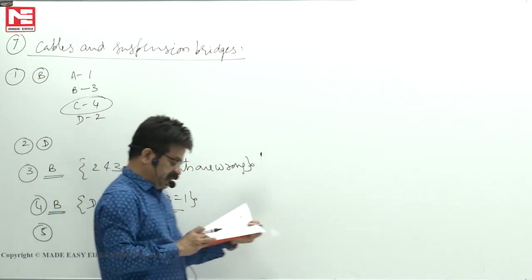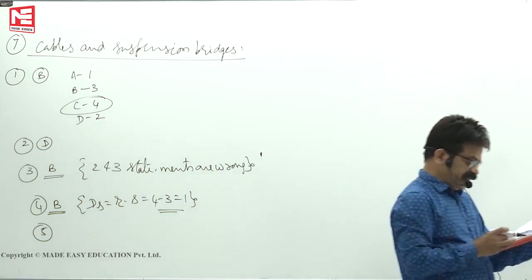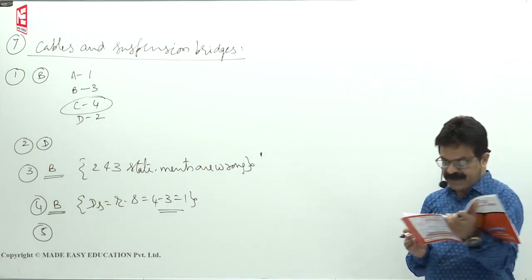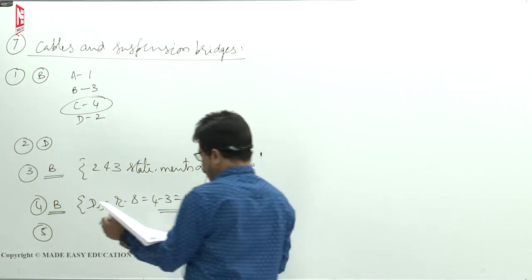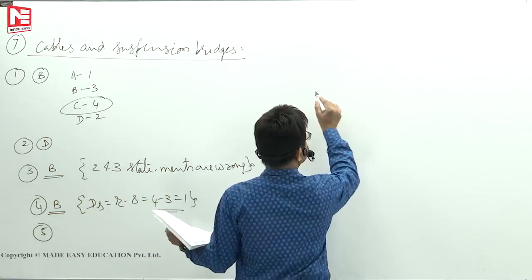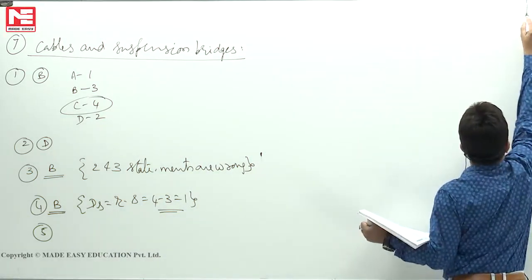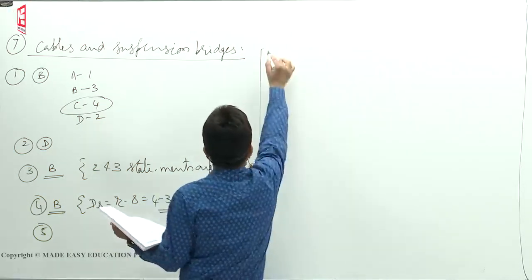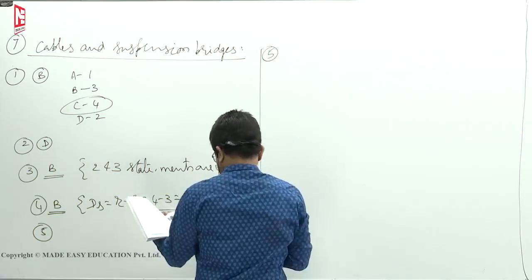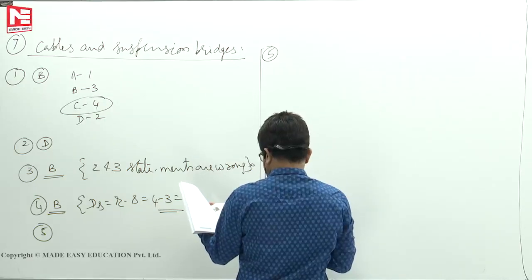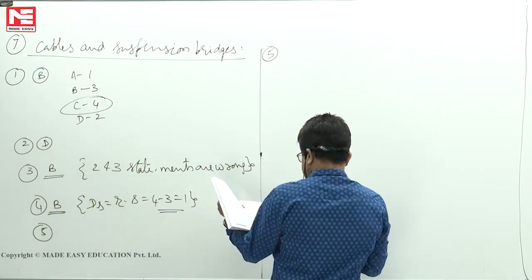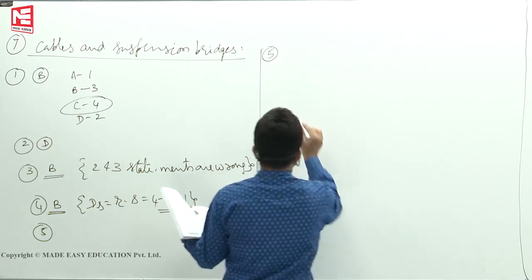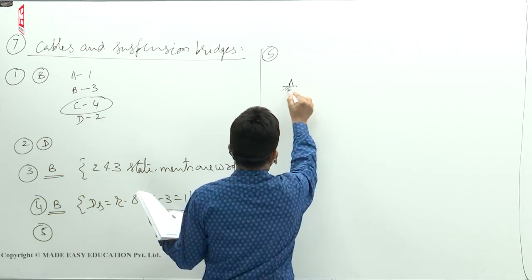Fifth point. A cable of negligible weight is suspended between 2 points spaced 300 meters apart horizontally, with the right support being 12 meters higher than the left support. Something like this.